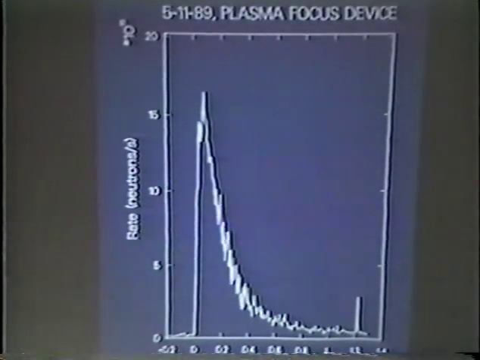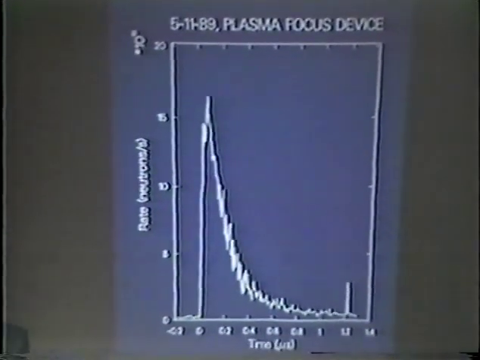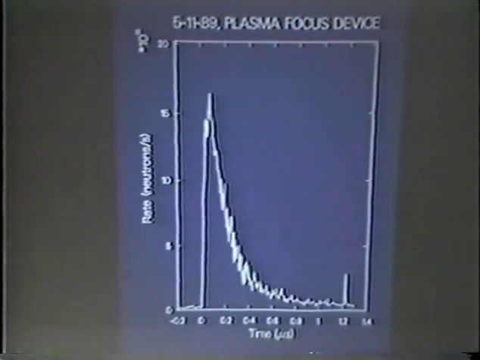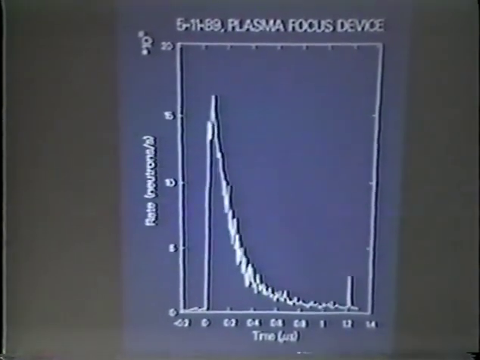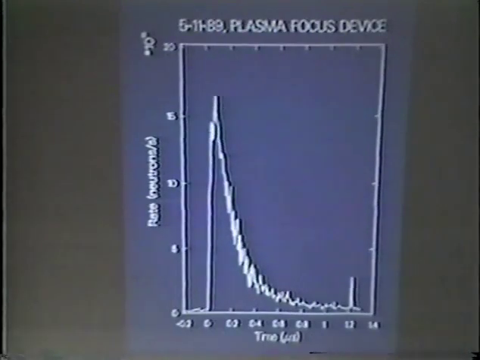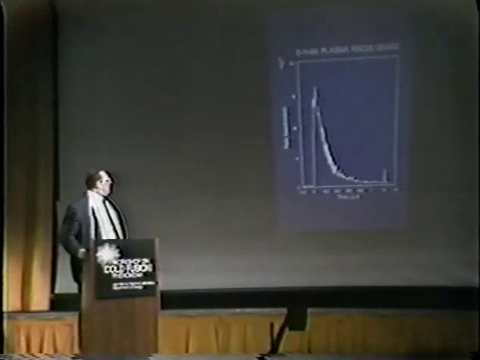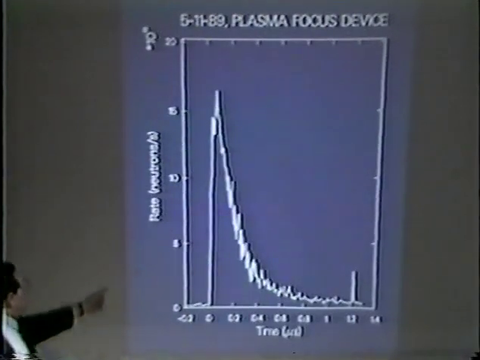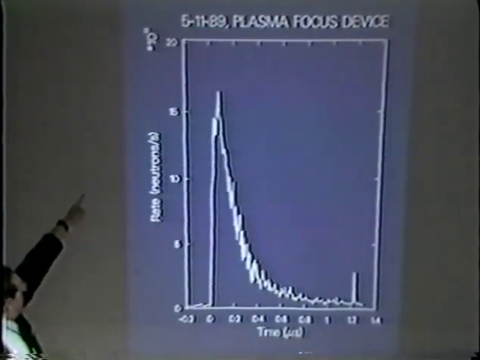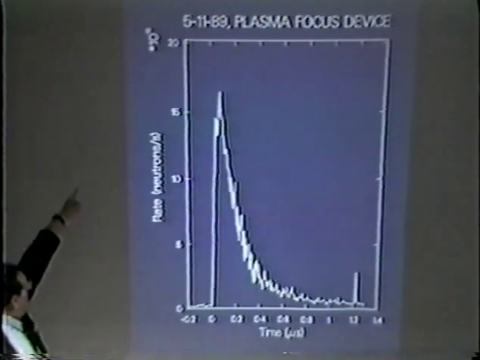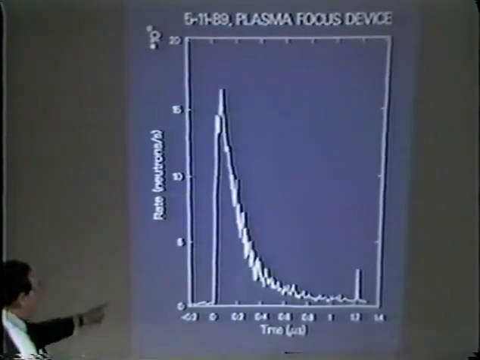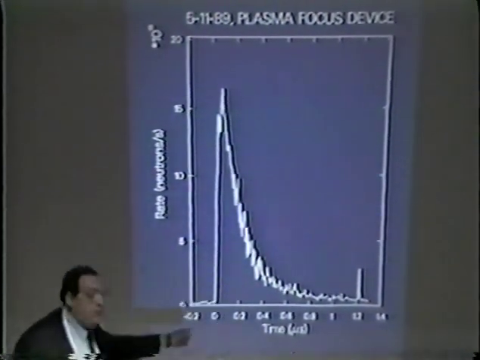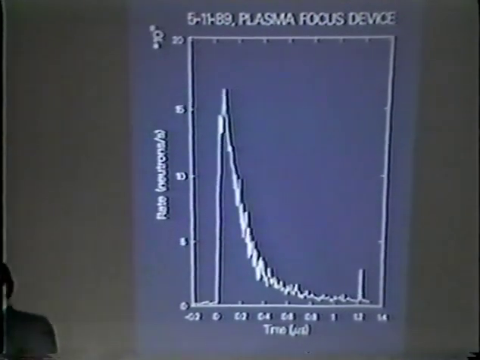Next overhead. We wanted to test our detectors, and so we organized a special experiment in not this instrument, but something completely different, a plasma-focused device. And what you can see here is a neutron rate on the vertical scale going up to a height, I'll draw your attention to, of 20 times 10 to the 15 neutrons per second in a time scale which goes out to a microsecond.